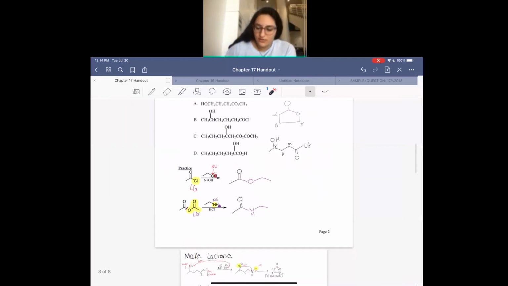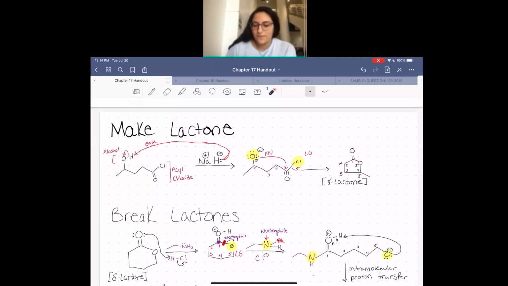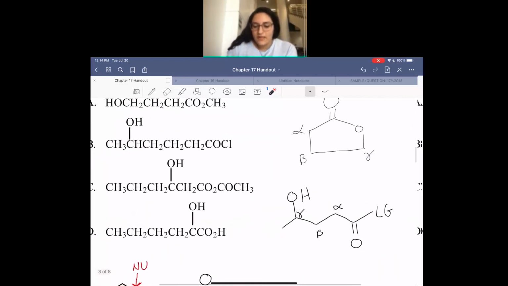When we did this reaction here, we know that in order to form a lactone, you have to have a carbonyl with a leaving group and an OH on the same molecule. So you have to find the answer choice that has an OH and a carbonyl with a leaving group. And in addition, you have to have the OH a specific number of carbons away from the carbonyl. And yes, I am recording.